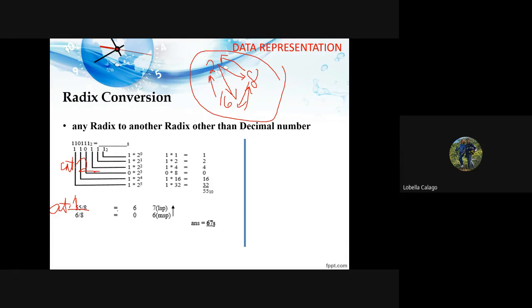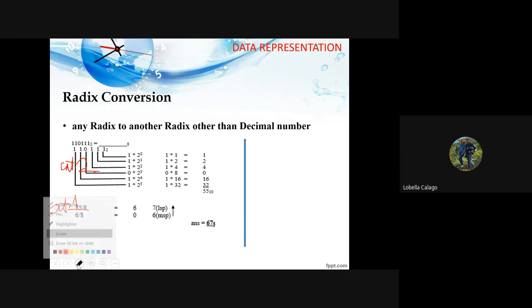So, the shortcut is, erase ko muna to, wait lang. Where's the eraser? Okay, so, I make a table.